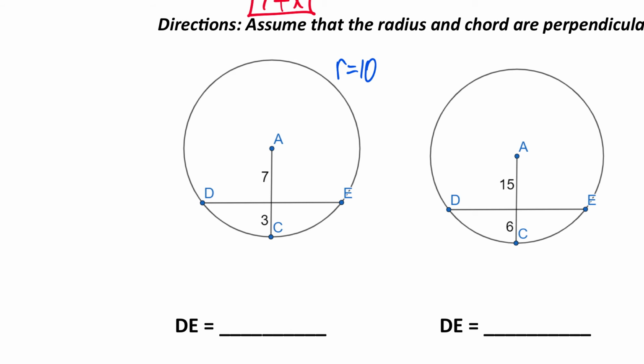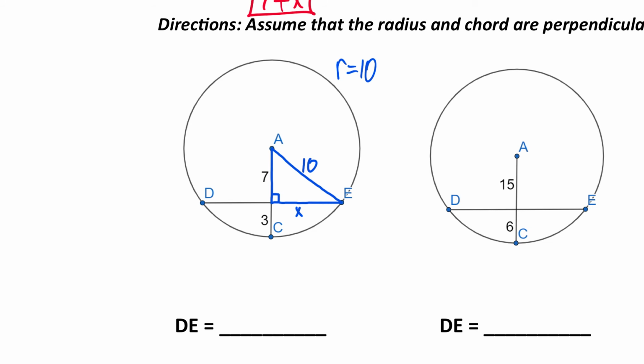All right, so what I'm going to do is draw a radius from A to E. So from A to E, how long is that radius? 10 units. Okay, I know this is 7. And that's perpendicular. And I'm looking for this side.